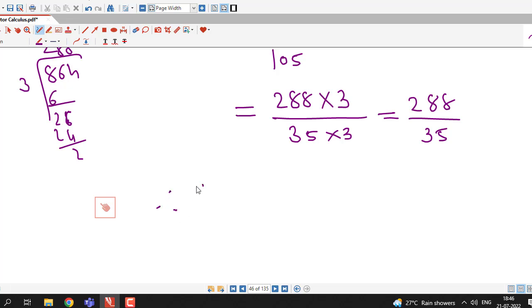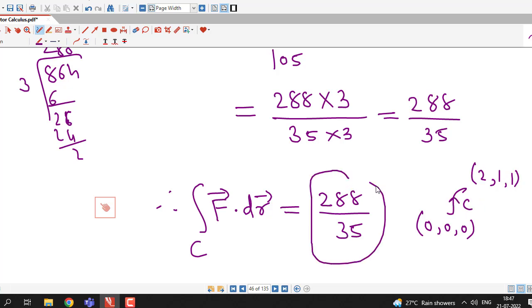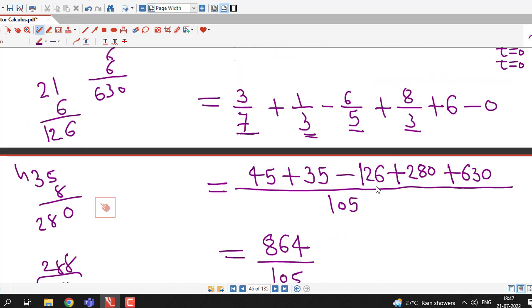So therefore value of given line integral along given path C is 288 divided by 35, or we can say that work done by force F bar in moving a particle from point 0, 0, 0 to 2, 1, 1 along given curve C is 288 divided by 35.